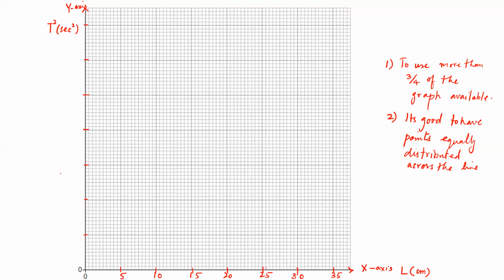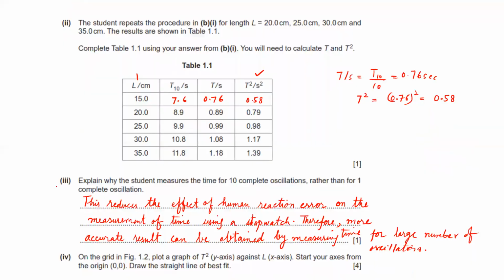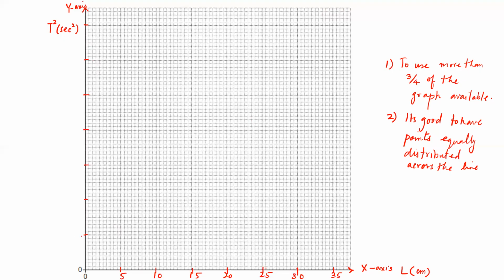Now on the y-axis, if you are going to vary the time, it is somewhere from 0 to approximately 1.4. So let's give 0.2, 0.4, 0.6, 0.8, 1.0, 1.2, and this is 1.4.